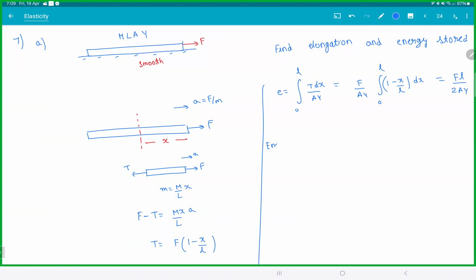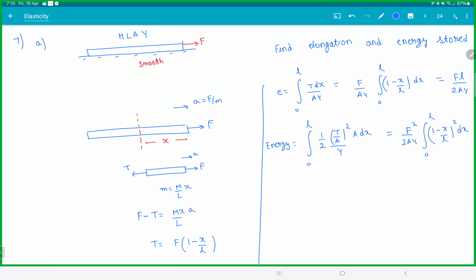You want energy? Same thing: half into tension by area, whole square, by Young's modulus, into A dx from 0 to L. One area term will cancel. You end up with 1 by 2AY, and this would be F square integral of 1 minus x by L whole square dx.